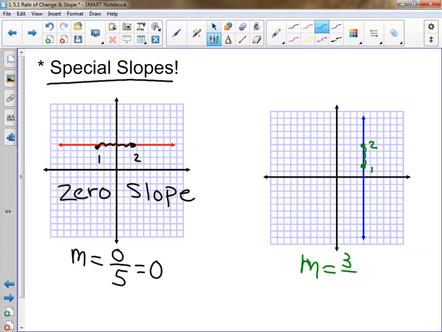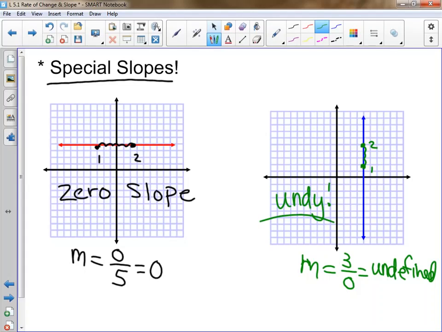And then I run. Well, there is no run because I'm not moving horizontally, so 0 run. Unfortunately, in math, anytime you divide a number by 0, there's no definition for that. It's undefined. So this slope is an undefined slope, which we like to abbreviate as UNDEF.